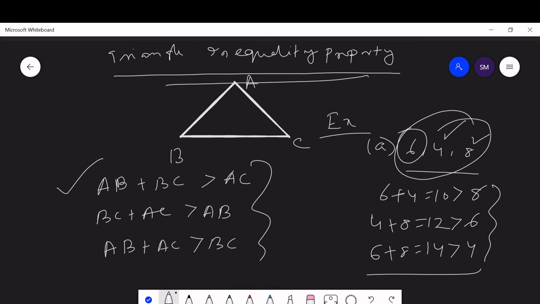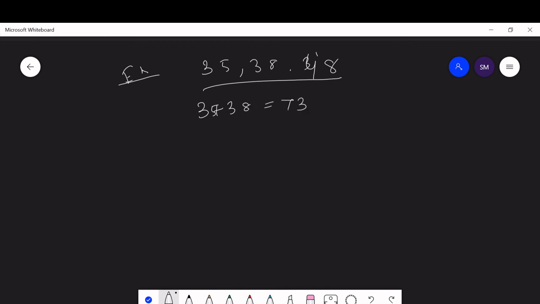Here let us discuss some more examples. Let the three measures given be 35, 38 and 48. Can we form a triangle using these three measures? 35 plus 38 is equal to 73. Yes, this is greater than the third side 48.